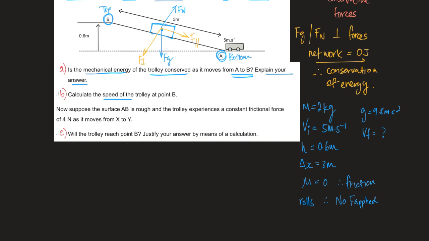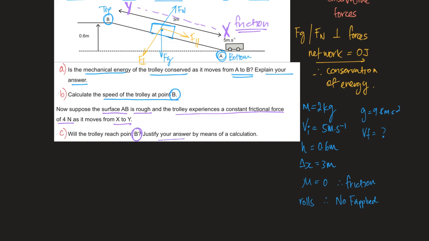B says, calculate the speed of the trolley at point B. Then it says, now suppose the surface of AB is rough and the trolley experiences a constant frictional force of 4 newtons from X to Y. X to Y is a pathway that has friction, so it's still A to B. Will the trolley reach point B?